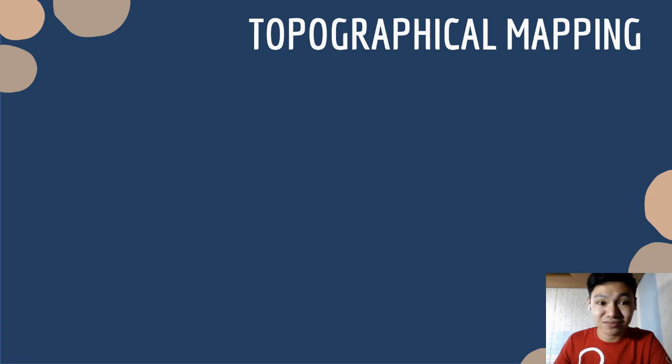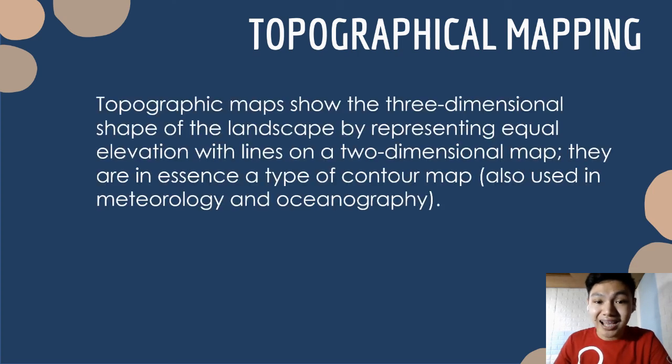Water that moves below the surface of the earth is called groundwater. Hydrogeologists often use topographic maps. Topographic maps show the three-dimensional shape of the landscape by representing equal elevation with lines on a two-dimensional map. They are in essence a type of contour map also used in hydrology and oceanography.